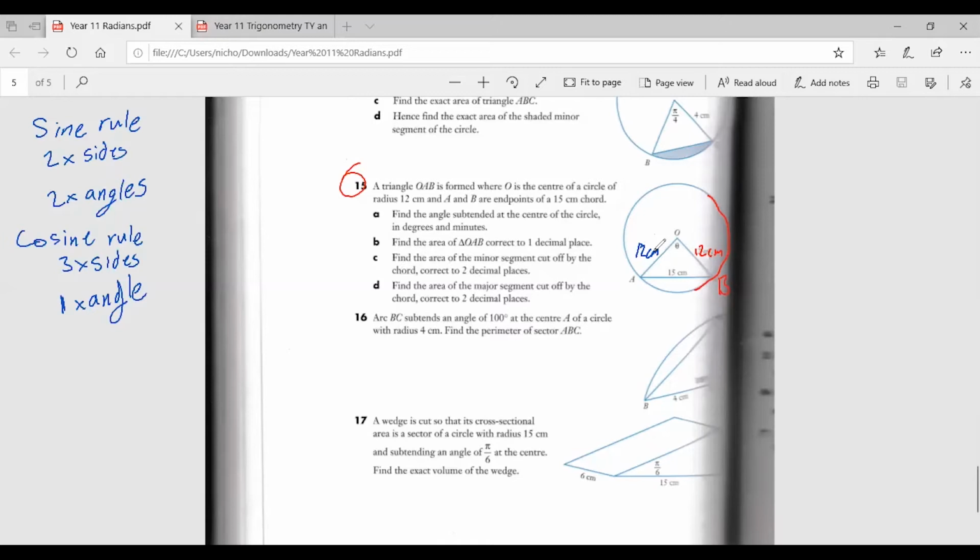All right. So now, how do we use the cosine rule from here? Okay, so cos theta equals 12 squared plus 12 squared minus 15 squared all over 2 times 12 times 12.